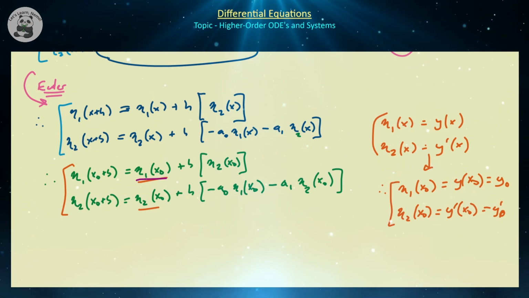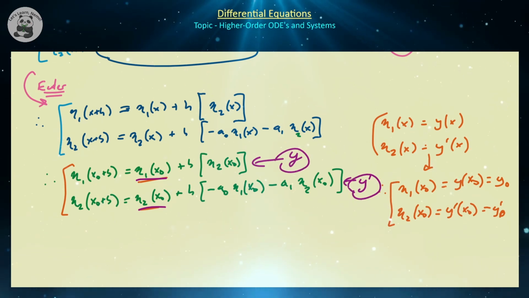So these points are just in the past, and this is an approximation for y, and this is an approximation for y prime, where probably the main focus of solving the differential equation is y, right? But keep in mind, we do need to update eta 2 because eta 2 is used in the definition of eta 1. But in the end, when you're solving the second order differential equation, your goal is to capture eta 1 with as much accuracy as possible.